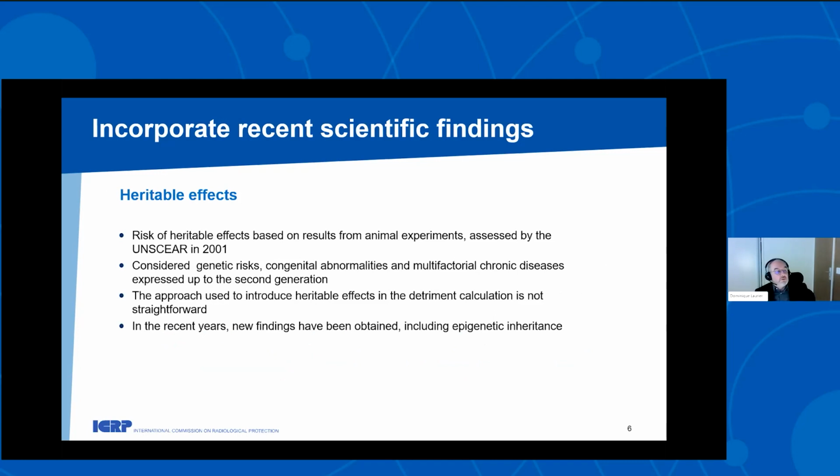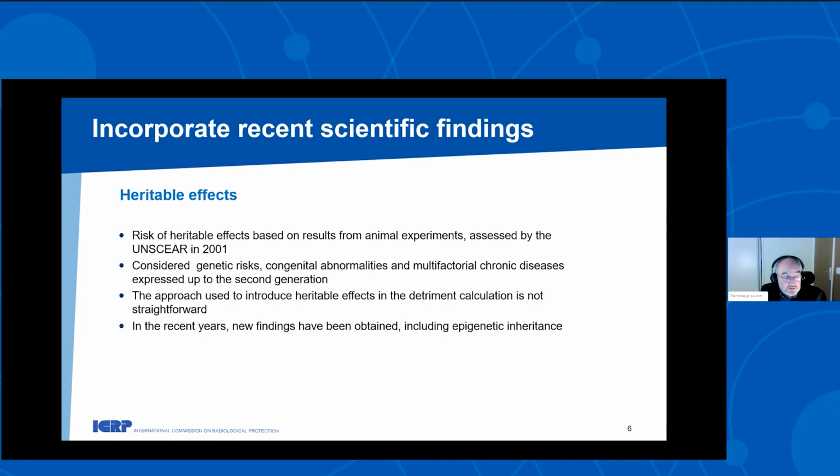It considers genetic risk, congenital abnormalities, and multifactorial chronic diseases expressed to the second generation after exposure. And the approach that has been used in Publication 103 to introduce heritable effects in the detriment calculation is not straightforward, to say the least.